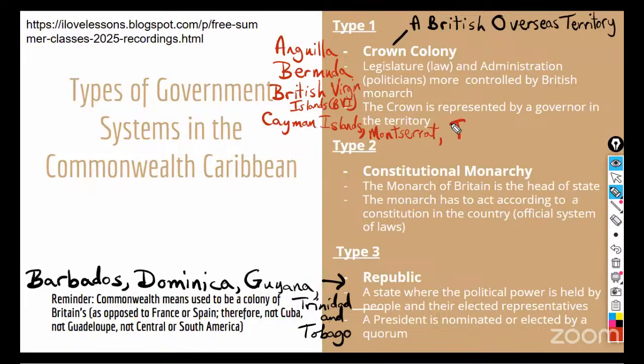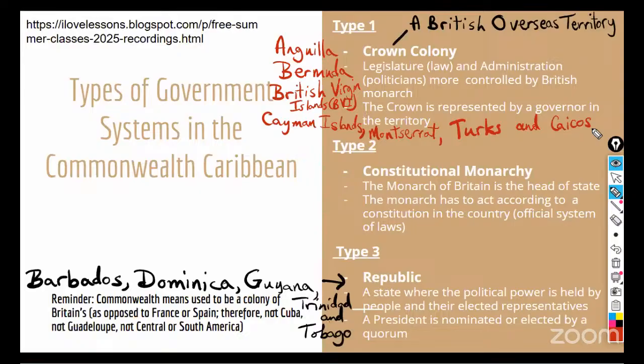Turks and Caicos is the other one. So I always tell people learn these two groups and then everybody else falls in the middle group, the constitutional monarchy.